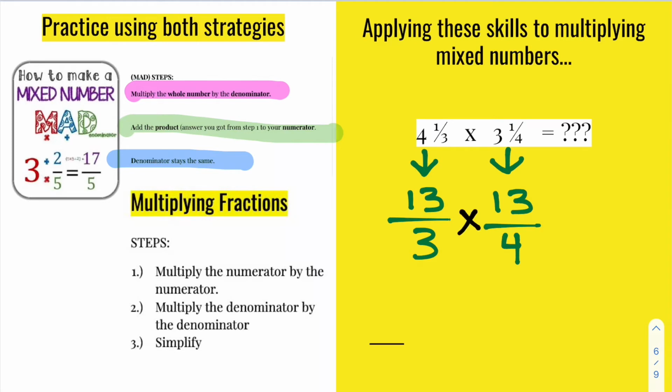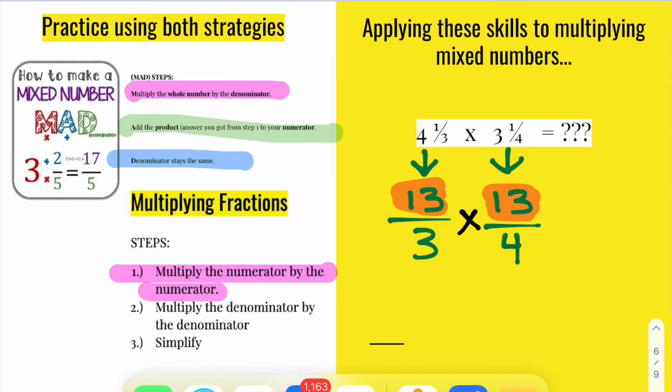And now I'm ready for the multiplying step. And the step 1 in that process is to multiply the numerator by the numerator. So that means I multiply my 13 times my 13. I don't have my 13s memorized, so I might have to solve this differently.